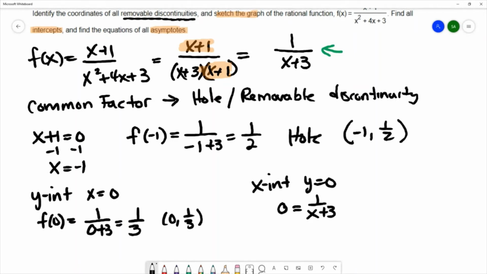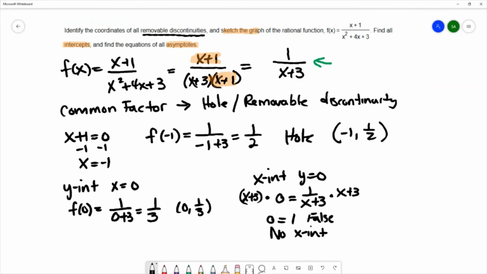If I try to solve this, I would clear the denominator by multiplying by x plus 3. That gives me 0 equals 1, and that's a false statement. I don't get any solutions from solving this equation, so there are no x-intercepts. So I found a y-intercept and no x-intercepts.